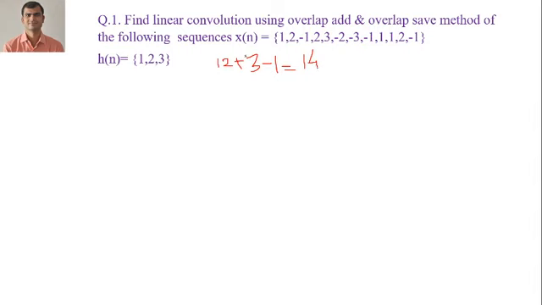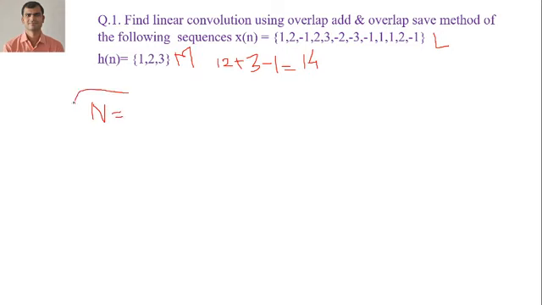Here the number of samples of x of n is denoted as capital L, and the number of samples of h of n is denoted as capital M. Now after x of n and h of n, we need to calculate the value of capital N. Capital N indicates the block length or the section length.